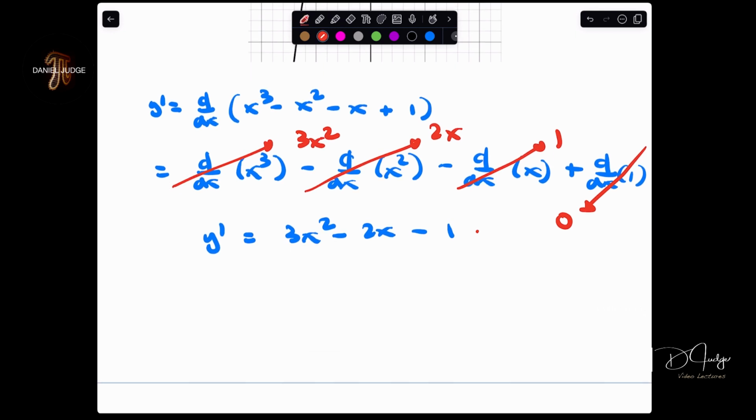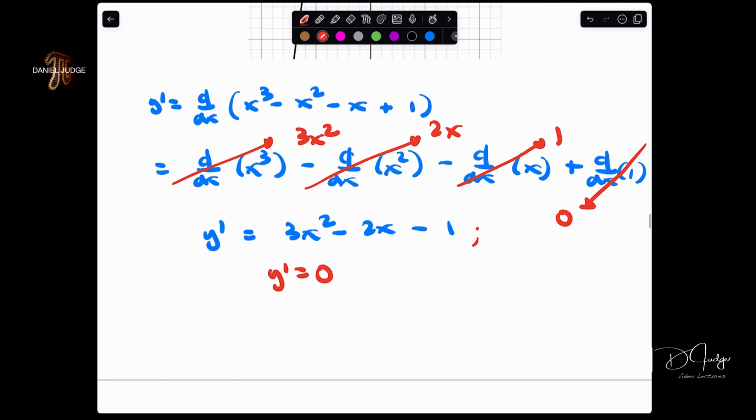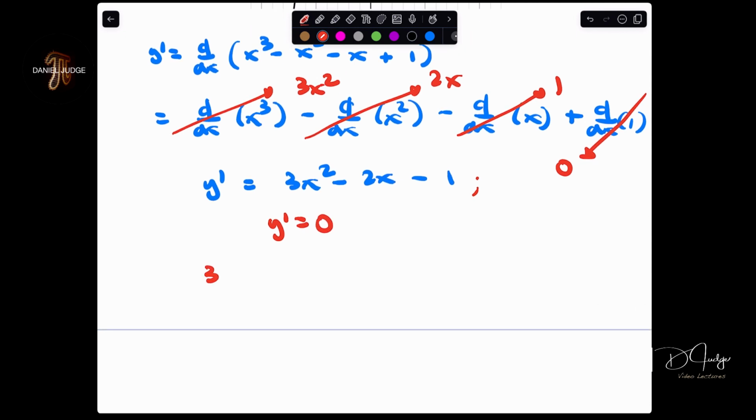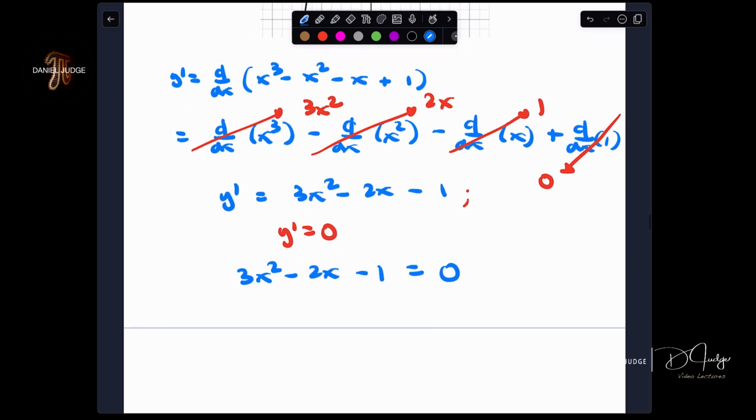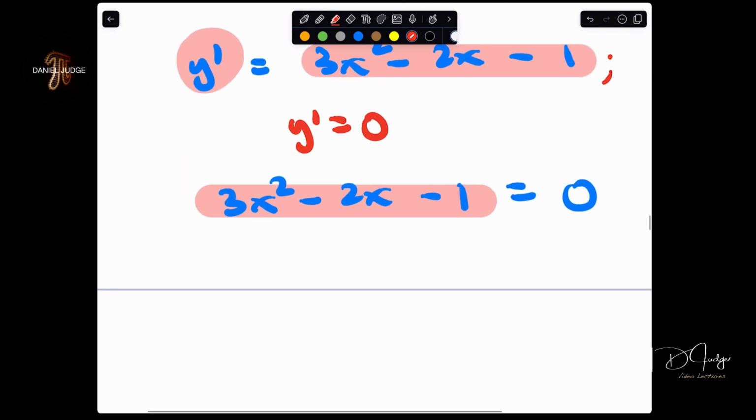Set that equal to 0. Remember the process. This is important. So you're going to end up now with this equation: 3x squared minus 2x minus 1 equals 0. This is what y prime is. So set that derivative equal to 0, solve for x. So ladies and gentlemen, you have a quadratic equation here.